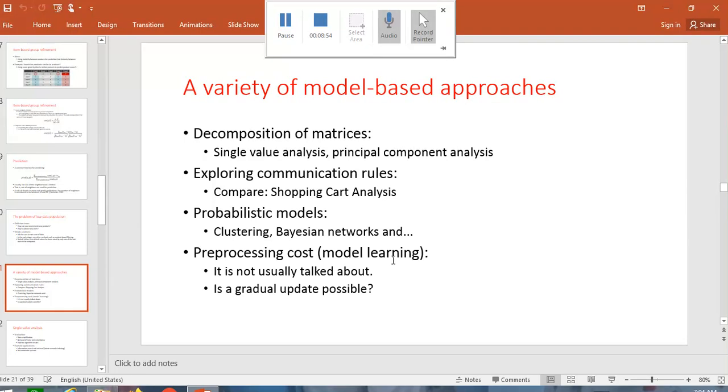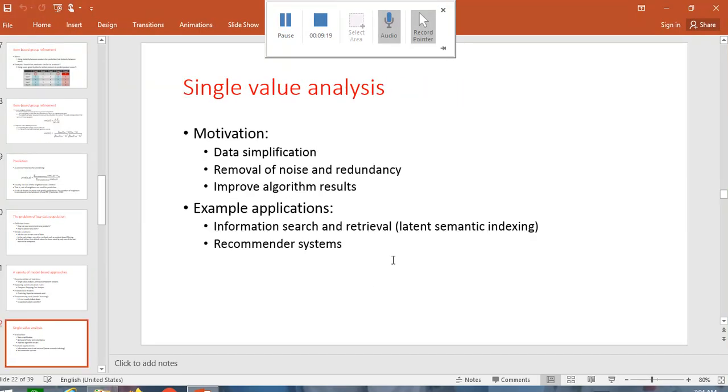The method of exploring association rules, although it is old, is still used. Another method is probabilistic models. Probabilistic models are based on the mathematical foundation of machine learning, and AI giants believe that this may be the future of artificial intelligence. We will not talk about how this model can be updated regularly.